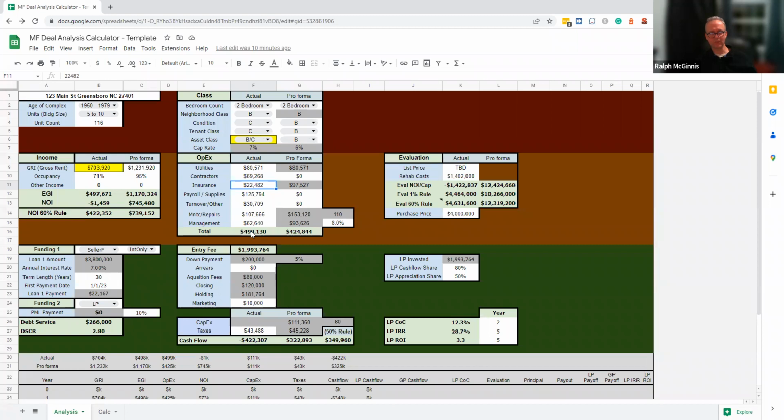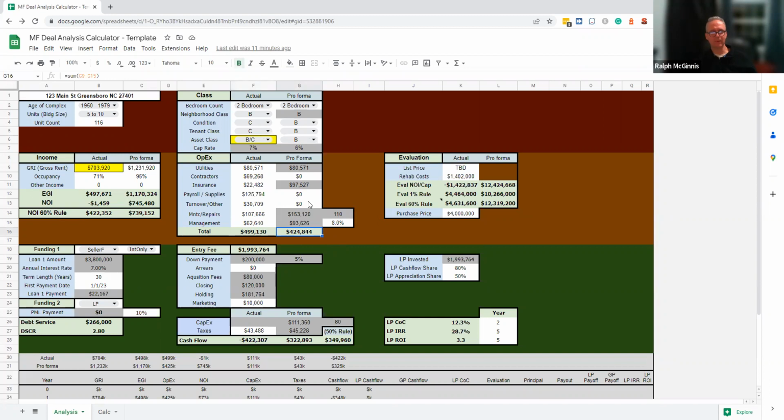So in this case, we see that the actual operating expense was $499,000, but the pro forma operating expense dropped to $424,000. So that's how you can evaluate your evaluation is off of the NOI.